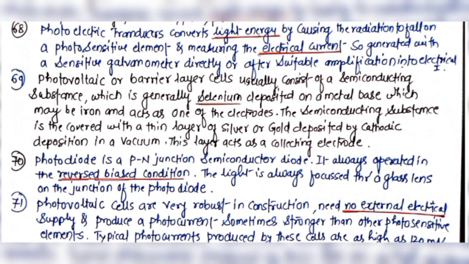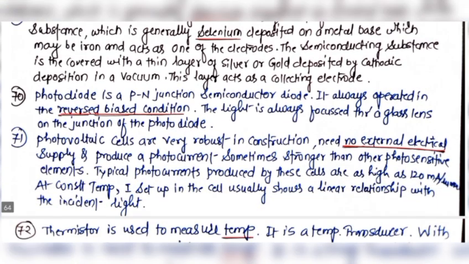Photovoltaic or barrier layer cells usually consist of a semiconducting substance, which is generally selenium, deposited on a metal base, which may be iron, and acts as one of the electrodes. The semiconducting substance is then covered with a thin layer of silver or gold deposited by cathodic deposition in a vacuum. This layer acts as a collecting electrode.